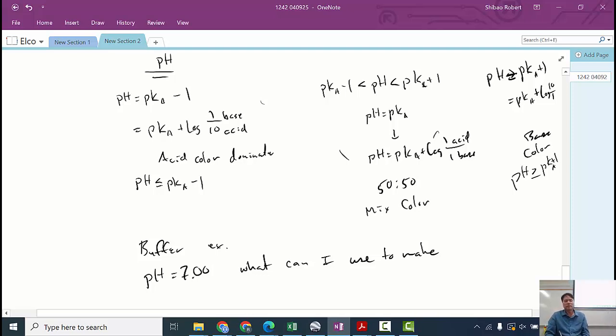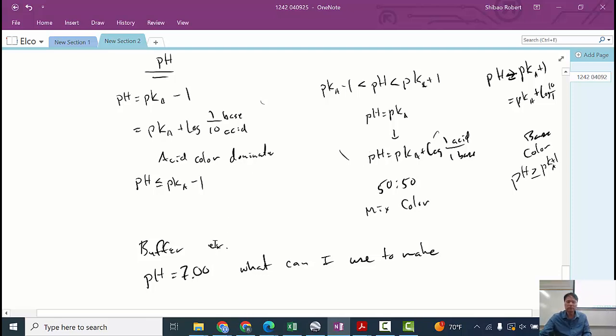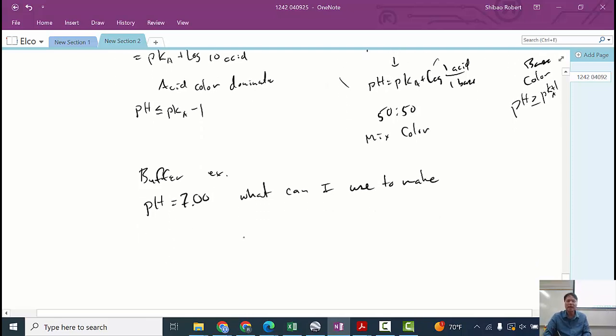So if I have a buffer of pH 7.00, what can I use to make this buffer? Well, I would look for buffers with an acid component that has a pKa around 7.00. So we want an acid with pKa 7.00. If I had an acid with a pKa of 7.00, then it's simple. I mix the acid and base components in a 50-50 mix.